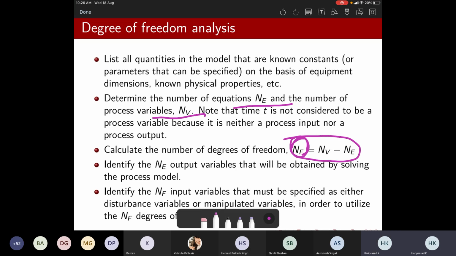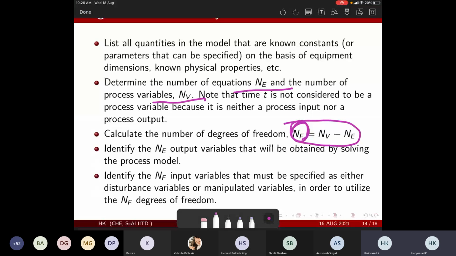While if you have degrees of freedom, these degrees of freedom are what we could play around with or manipulate to achieve the desired control. If there are no degrees of freedom, it means that you cannot control the system, because the system has fixed dynamics. You cannot vary anything.